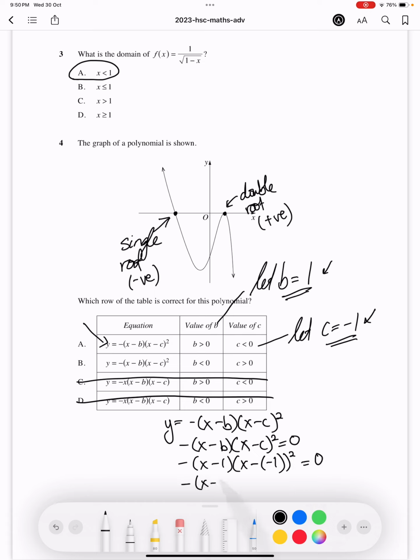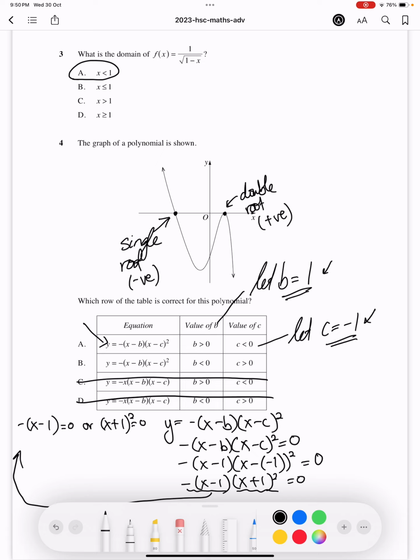So that simplifies down to this. Now we actually come to the solving bit. So let's come up here, where we get this bracket equal to 0 and this bracket equal to 0.